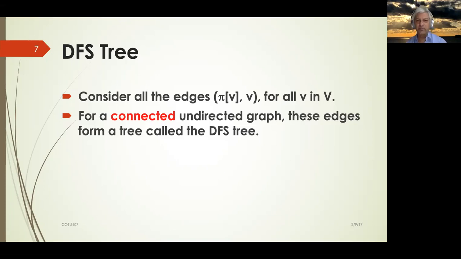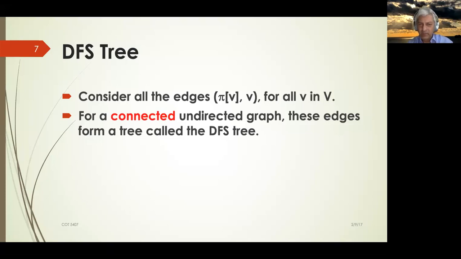So let me say that one more time. If the graph is already connected, then the depth first search tree will connect all the vertices. And this is an important property because now we can use this to figure out some properties related to connectivity.